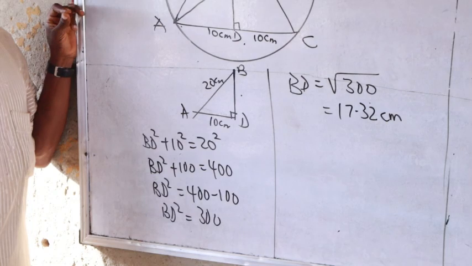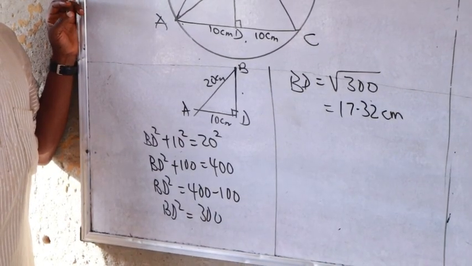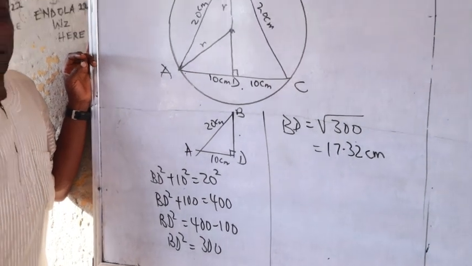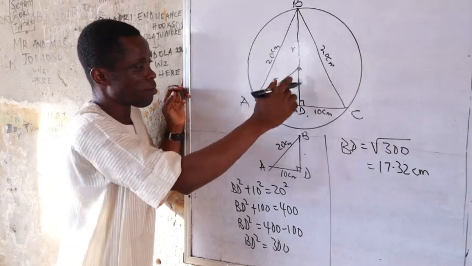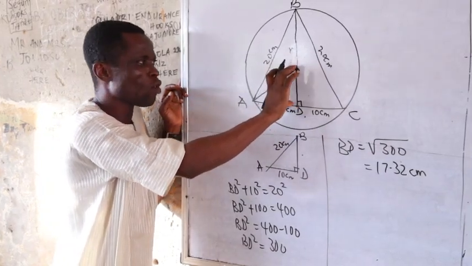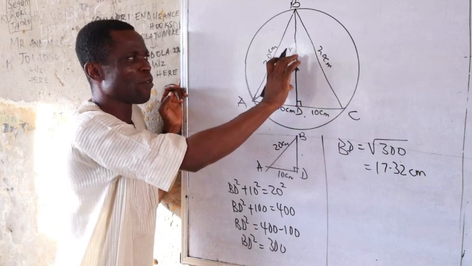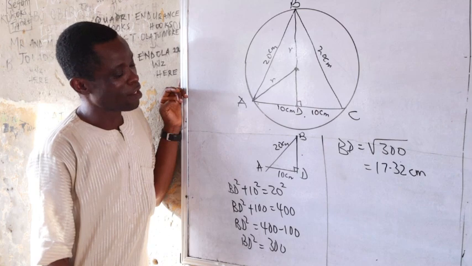But what we are looking for is not even BD. We are trying to find the distance from the center to a side of the triangle, which is this. This is the distance we are looking for. But there's no way I can get this distance without first getting R. Now, what I will do is this.